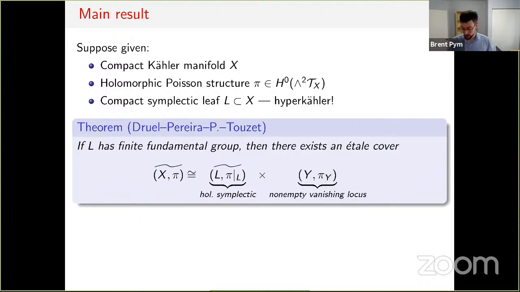So in other words, in the compact Kähler setting, if the fundamental group of the leaf is finite, then the global Weinstein splitting has a positive answer rather than a negative one, as in all those previous counterexamples. Any questions about the statement?